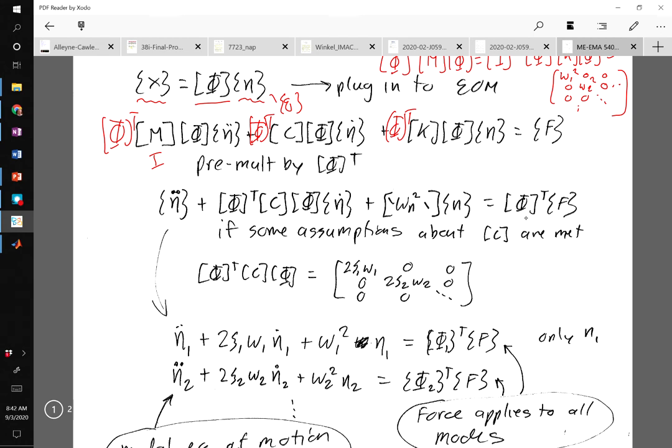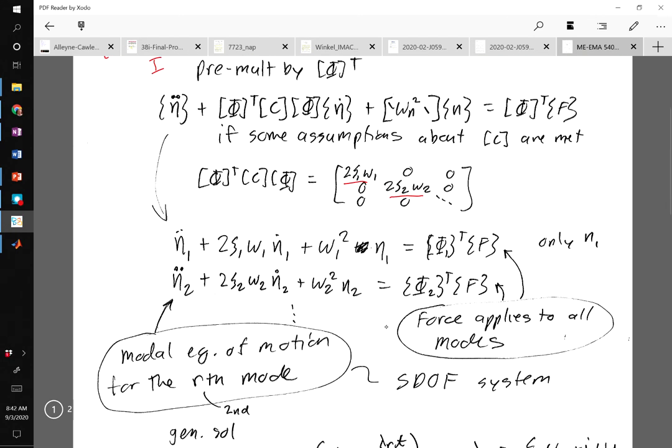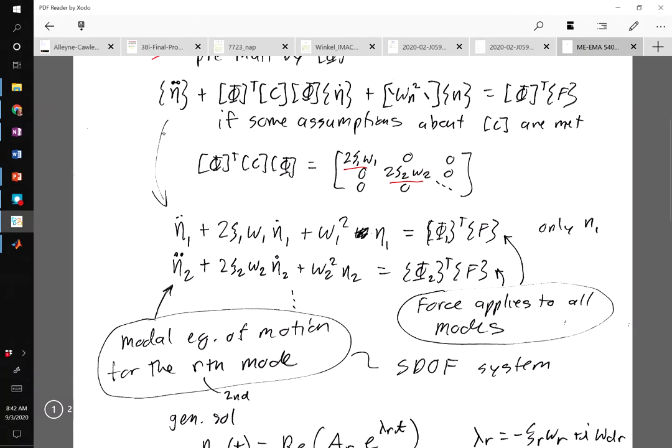And we'll talk more next time, but under some mild assumptions for the damping matrix, it will also be diagonal. And on the diagonal, we'll call the values there 2 zeta omega n to match our standard form. And if we do that, then these equations become completely uncoupled, so we can write them as separate equations. So for the first mode: eta 1 double dot, plus this constant that we're used to times eta 1 dot, plus the natural frequency squared times eta 1.